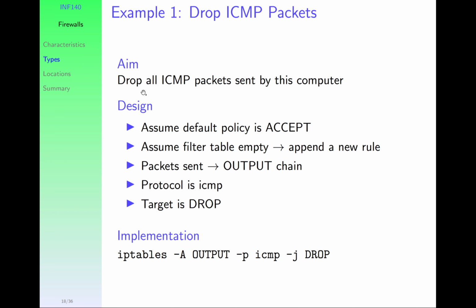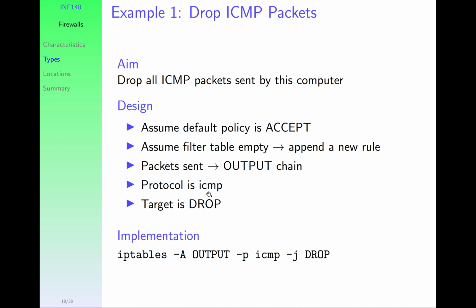The aim is to drop all ICMP packets sent by this computer. That's exactly what we have done in the lecture. We assume the default policy is accept, and the filter table is empty. We append a new rule with -A. Since it's sent by this computer, the chain should be the OUTPUT chain.